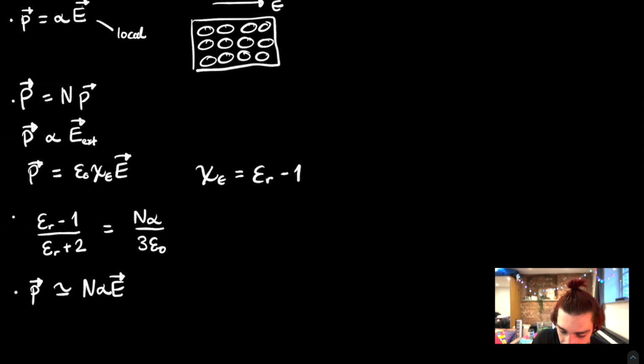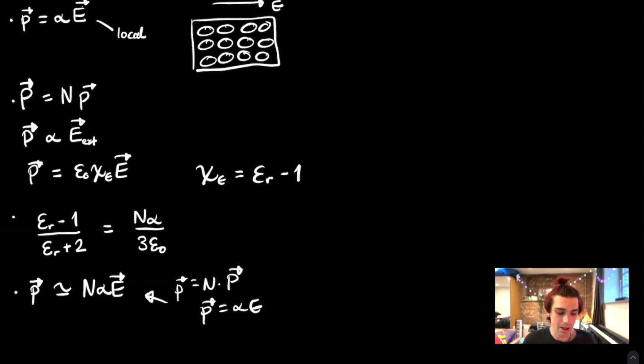And therefore you can simply substitute in P equals N times little p, and use p equals alpha E to simply get that right here. But remember, we can only apply that in the dilute limit of the dipoles. So that's all well and good.